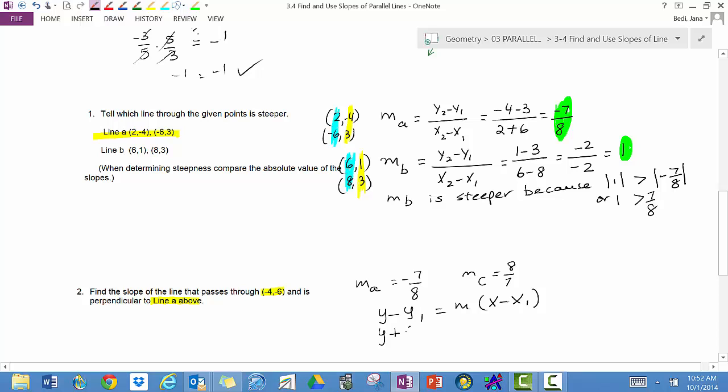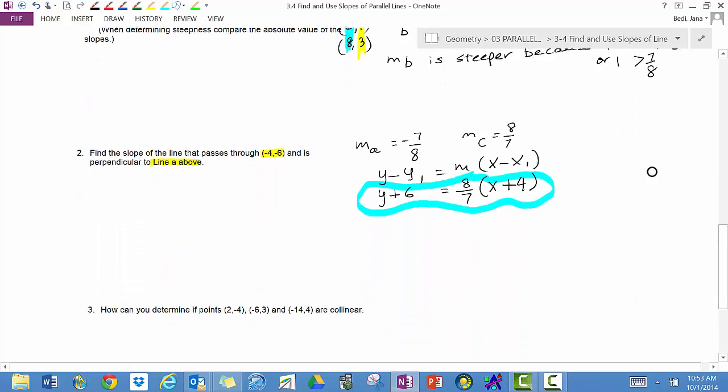So that would be negative 6, which gives me y plus 6 equals m, which is 8 over 7, times x minus a negative 4, and this is all I need to do. If the question asks you to leave it in slope intercept form, girls, then go ahead and do that. Otherwise, it's perfectly acceptable to leave it in point slope form.